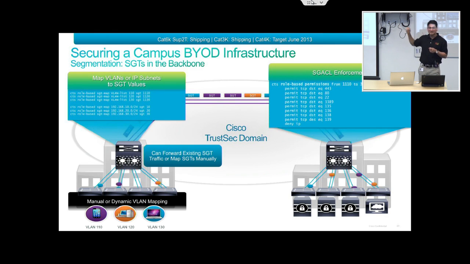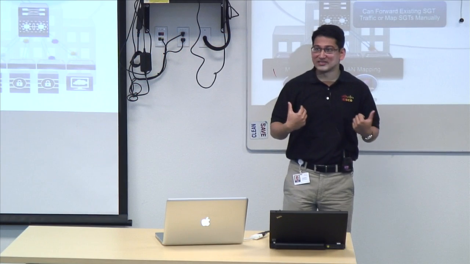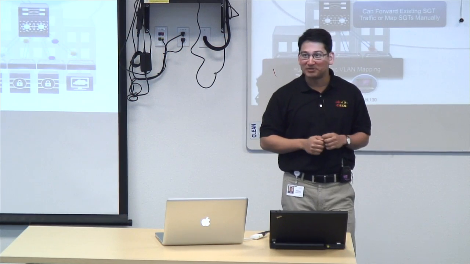So think about this model as an egress policy enforcement as opposed to an ingress policy enforcement, so that you only have to define policies which are relevant to the switch where the policy enforcement is actually going to happen. So that's really all the slides I have for now. And the rest of the session, I'm just going to be doing a little bit of whiteboarding and showing you exactly how we get this to work from top down.